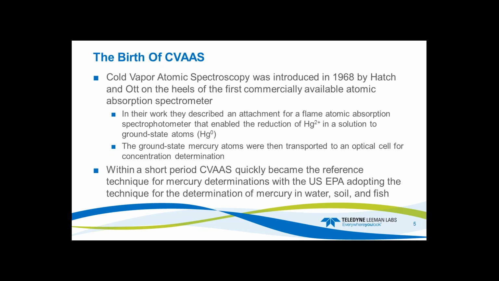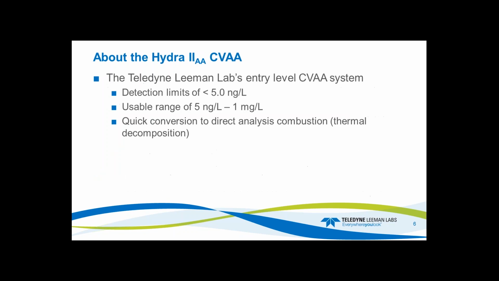They switched out the burner head and put a glass cell in there so the light could shine through the system. The ground state atoms were transported up to the glass cell, and the absorbance was measured and detected by the system itself. And that quickly became the standard method. EPA adopted these techniques and it became the standard method for water analysis, soil, and fish, just to name a few.